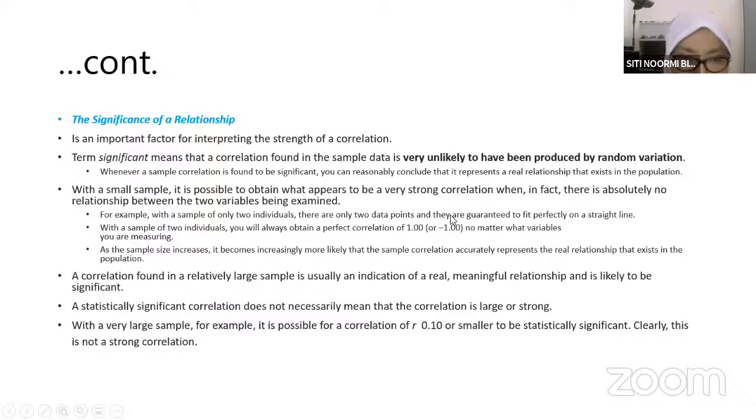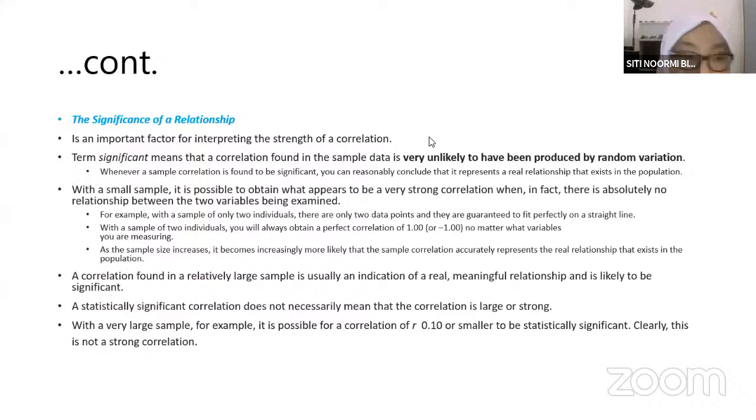So for a sample of 2 individuals, you will always obtain a perfect correlation, either positive or negative. But as the sample size increases, it becomes increasingly more likely that the sample correlation accurately represents the real relationship that exists in the population. That is why in quantitative study, as much as possible, we want to secure a large number of respondents.